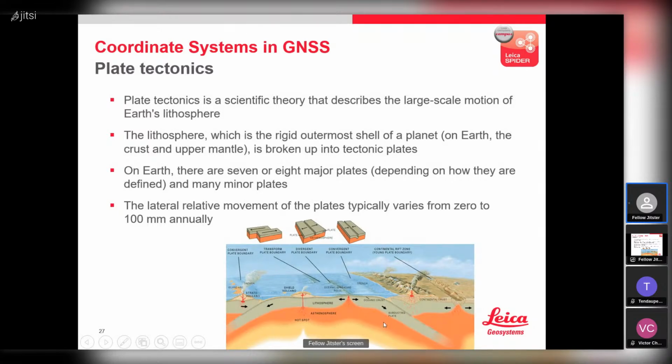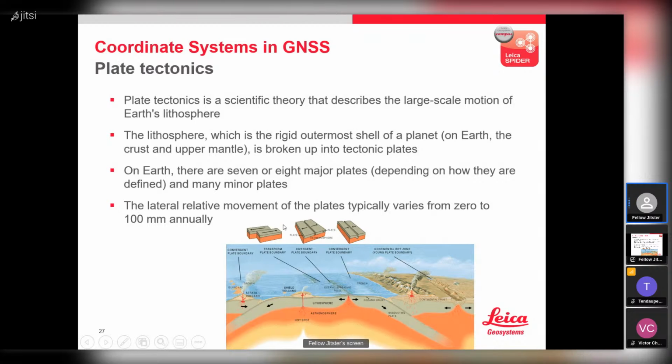Now the problem with Earth is that, as I have mentioned, Earth is not actually static, and it is broken up into several crusts that we call tectonic plates. These tectonic plates are in constant movement. Some of them move against each other, some of them move along each other.